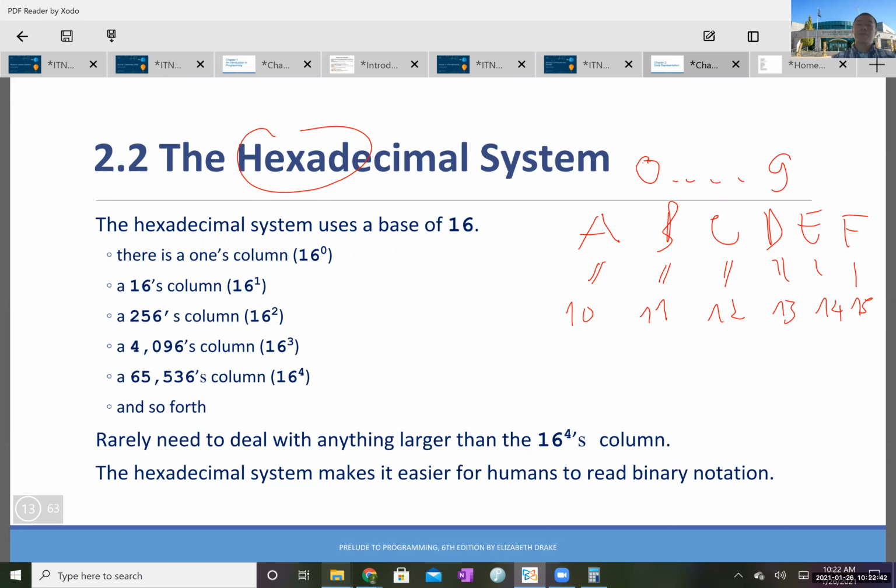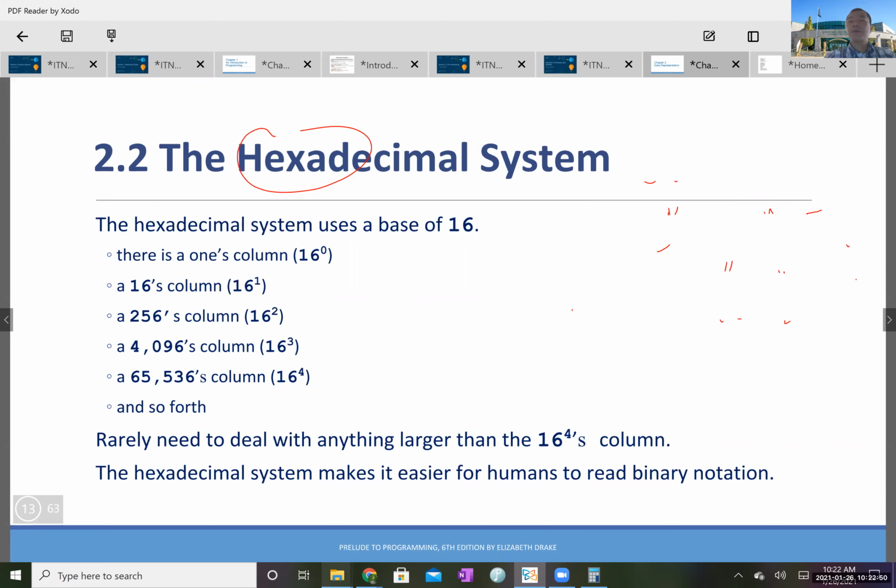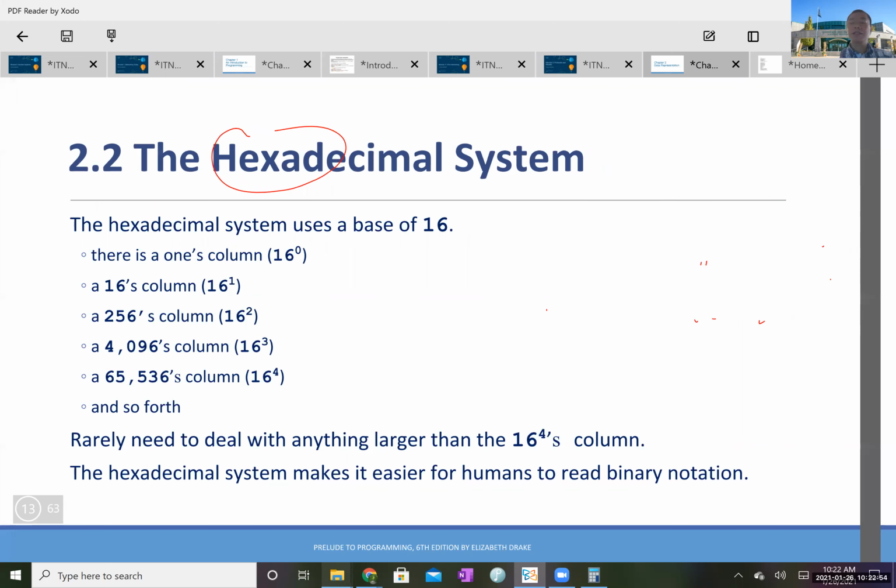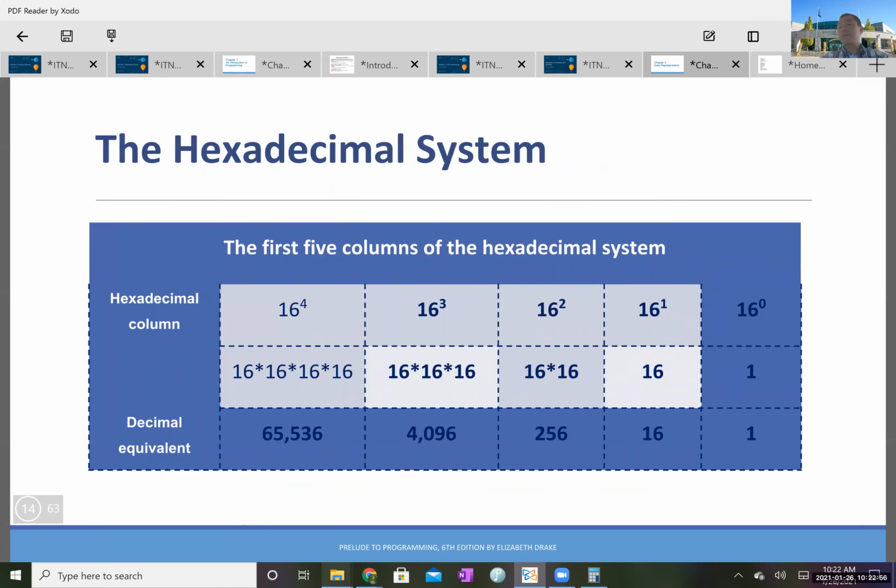Okay, so the way it works is the same as the decimal and the binary, right? When you break it down into columns, instead of base 10 or base 2, now it has base 16, because each digit has 16 possibilities.